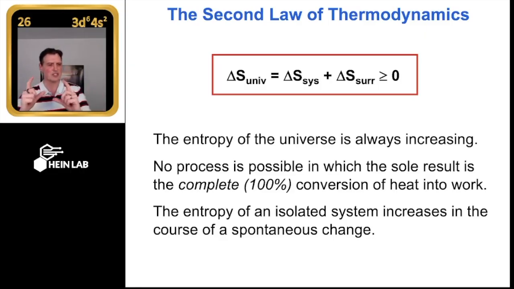Overall, system and surroundings are still related to the universe, but more importantly, the delta S of the universe is greater than or equal to the sum of the two. In other words, for most processes, focusing on just the system, the surroundings are going to have a bigger price, or vice versa. The system is going to pay more, the surroundings is going to pay less, but the overall delta S of the universe must be a positive value.